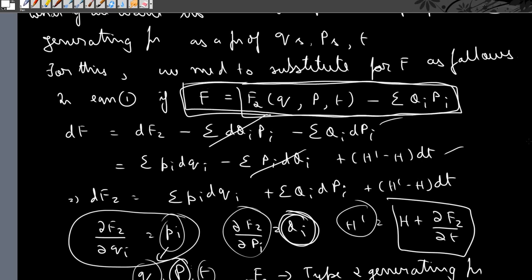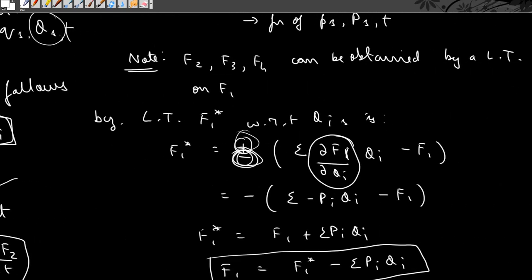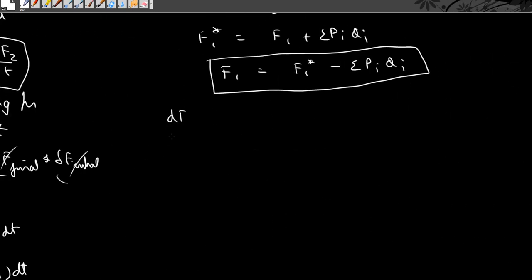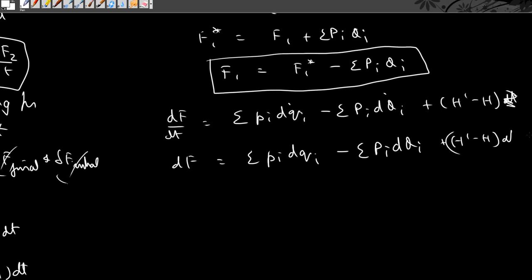If we had written just df, that is, if you consider this particular function, df by dt is equal to summation pi dqi dot minus summation pi dqi dot plus h dash minus h dt, sorry, there is no dt here, then our df will be equal to summation pi dqi minus summation pi dqi plus h dash minus h dt.